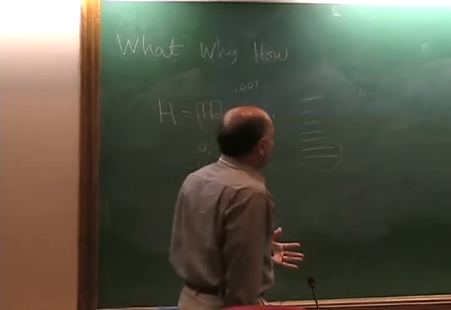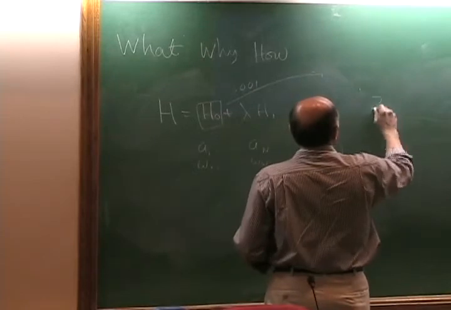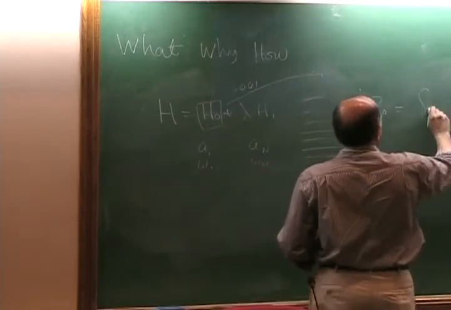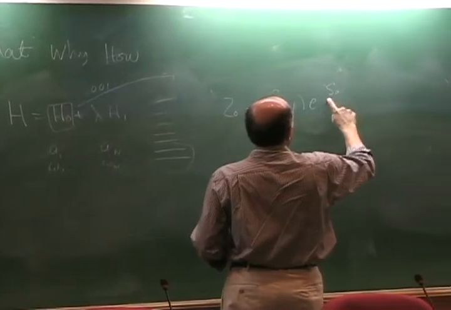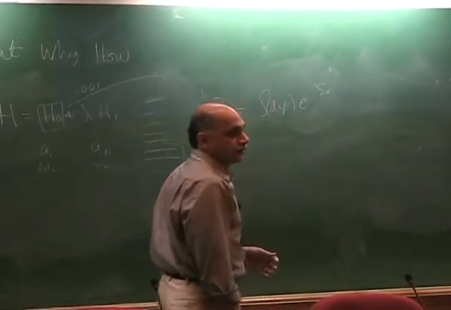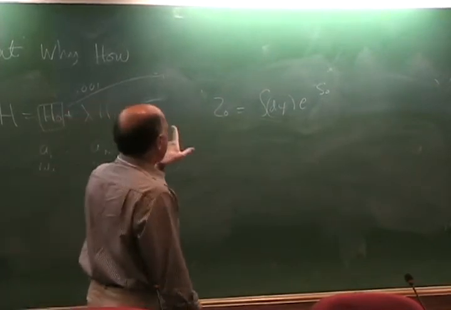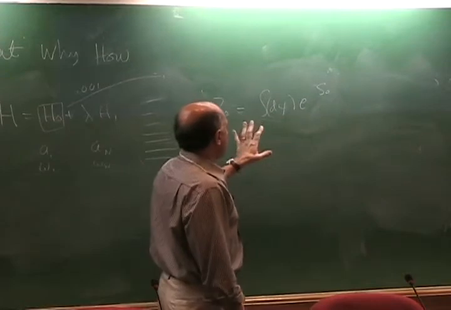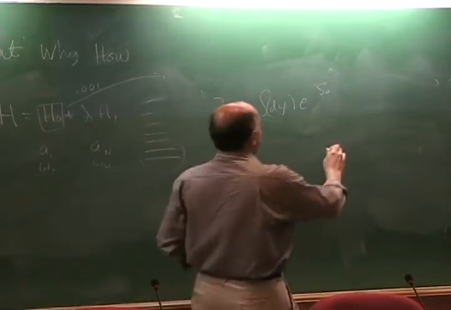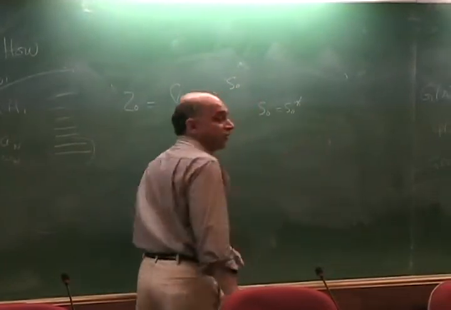So what we do in those problems is the following. We take this H naught and we write a partition function for it that looks like some integration variables times some Boltzmann weight. Now it turns out in the problems that I look at, S naught is actually a fixed point.